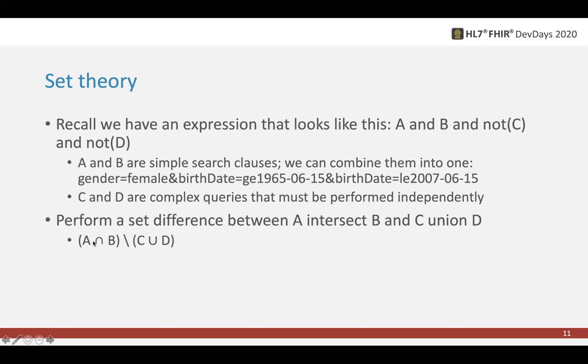We want the intersection of A and B. That's easy. That's just that simple search query. And then we want to do a set difference, a C union D. So any patients that had an abortion or were pregnant or are pregnant, we would take that out of A intersect B.